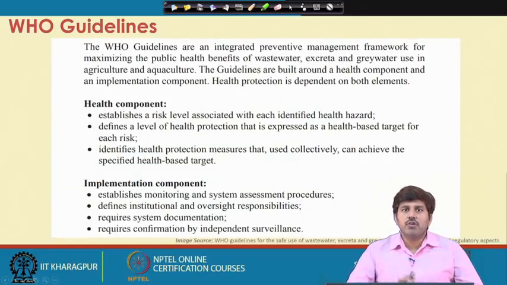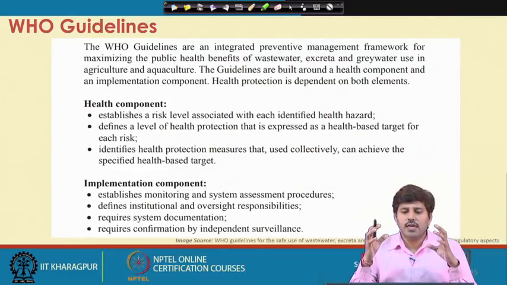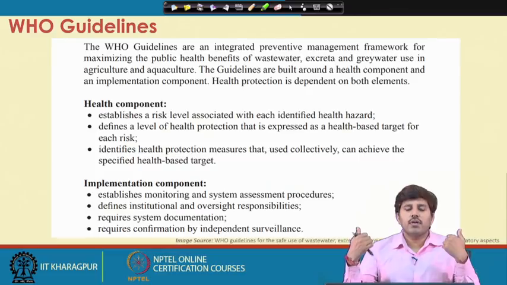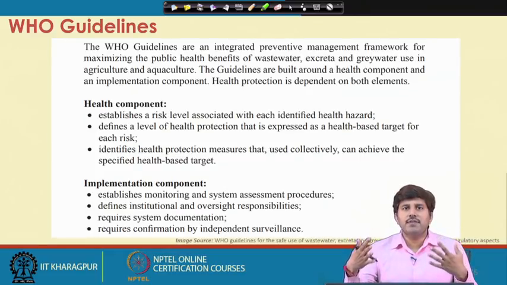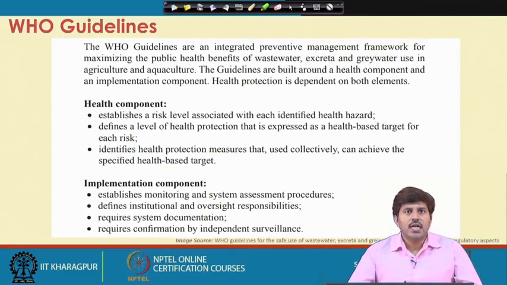So, these WHO guidelines essentially are an integrated preventive management framework, okay, for maximizing the public health benefits of wastewater, excreta and grey water use in agriculture and aquaculture. The guidelines are built around a health component and an implementation component.